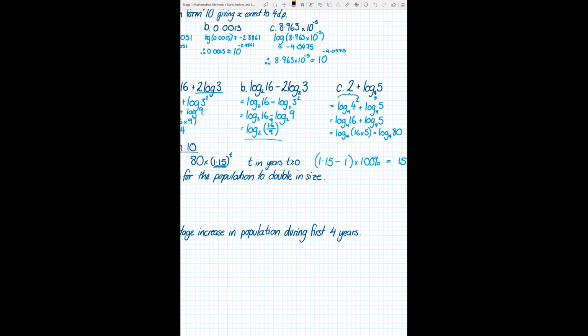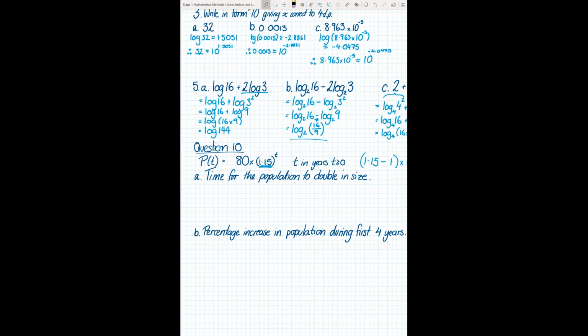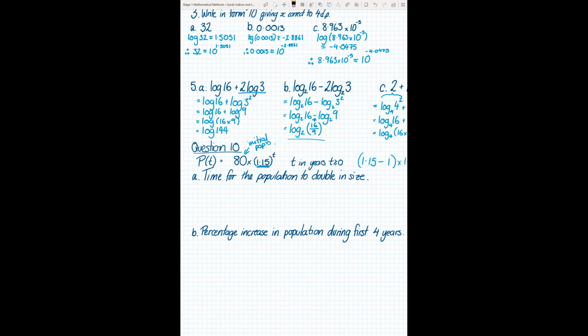But what I want you to be able to do is also write your own expression. This is our initial population here. We've shown previously that that's because where t equals 0, this part of the expression goes to 1. So the first term gives you your initial population.